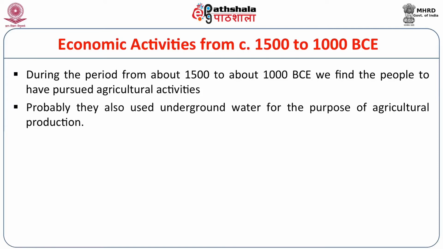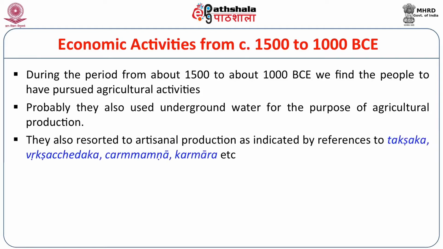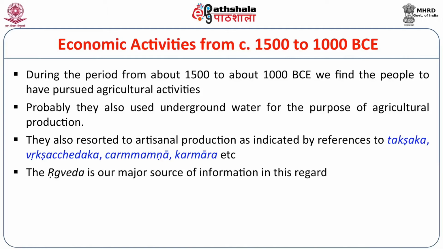Probably they also used underground water for the purpose of agricultural production. They also resorted to artisanal production as indicated by references to Takshaka, Vrikshachedaka, Charmamna, Karmara, etc. The Rig Veda is our major source of information in this regard.